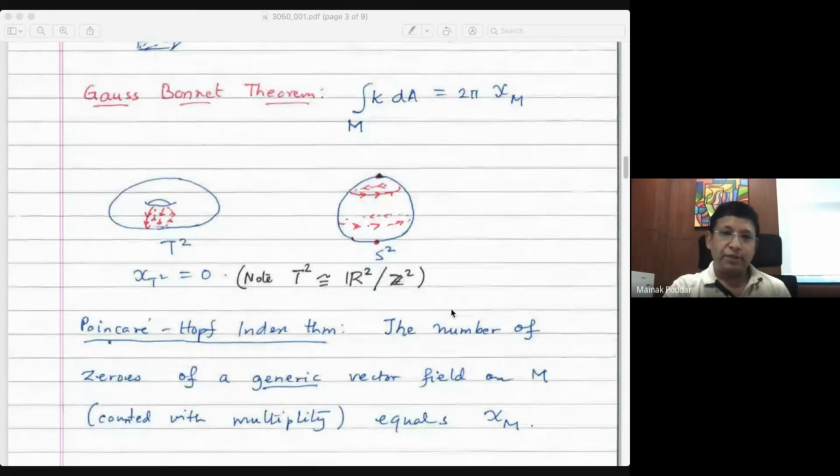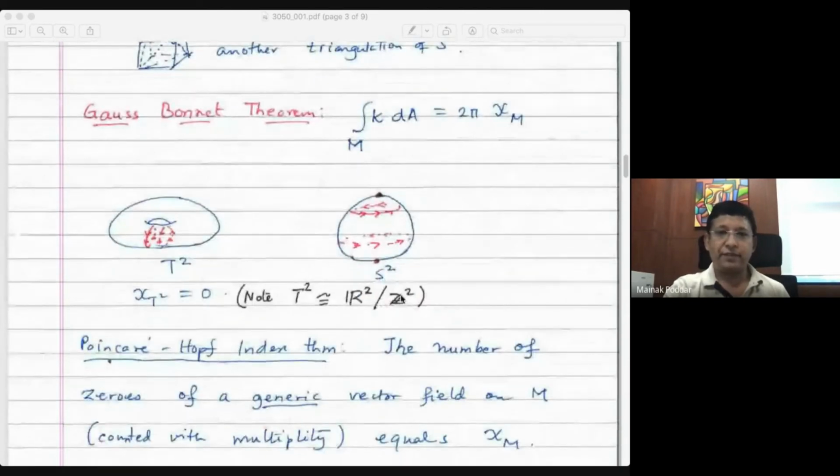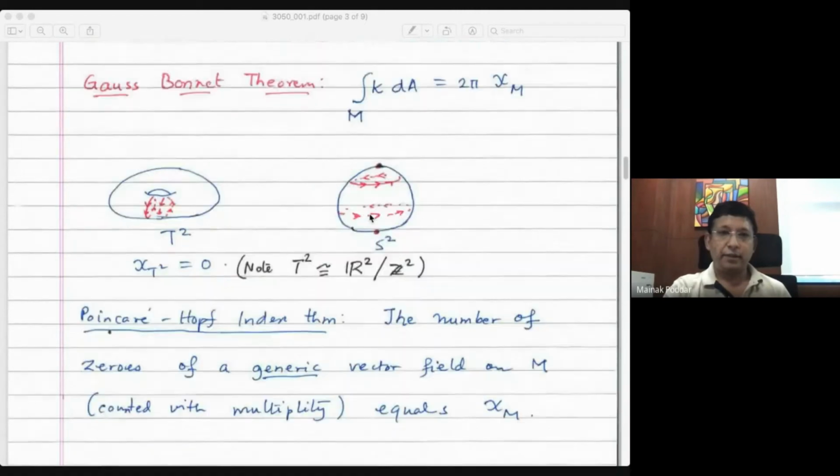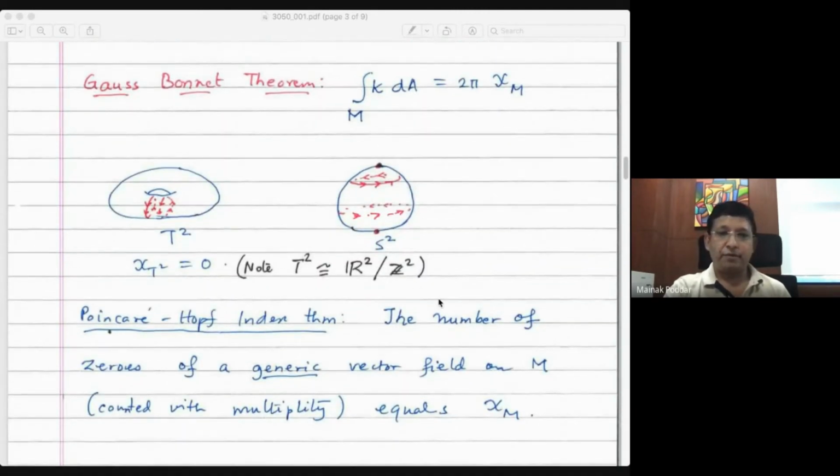Now, this story about Euler characteristic has another interesting facet. This is related to so-called vector fields. So what is a vector field? You can think of this as a continuous or smooth family of tangent vectors on a manifold.